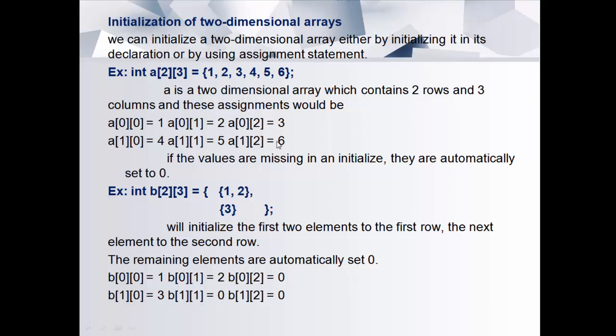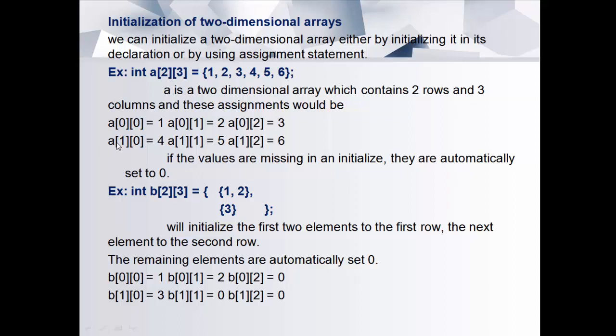So how do we access these elements? Always complete the first row first. The first row always begins from 0. So a of 0th row, 0th column, the first value, is 1, a of 0th row first column is 2, and a of 0th row second column is 3.